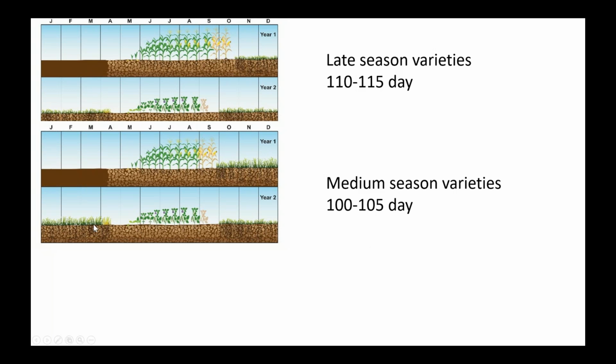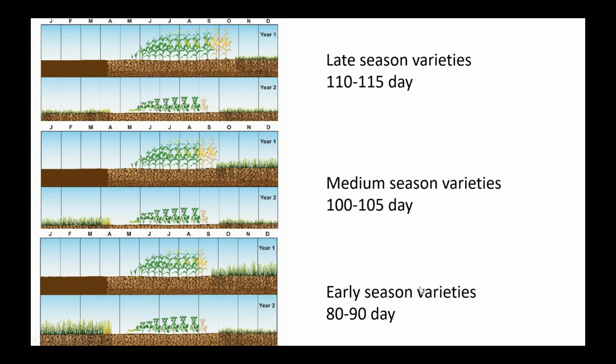So you could see that that could lead to more cover crop biomass in the spring. And then even with another 10 to 20 days, if you had a shorter or early season variety, 80 to 90 day corn, then you could even get your cover crop planted by maybe mid-September, and that could lead to a lot more growth by the spring.